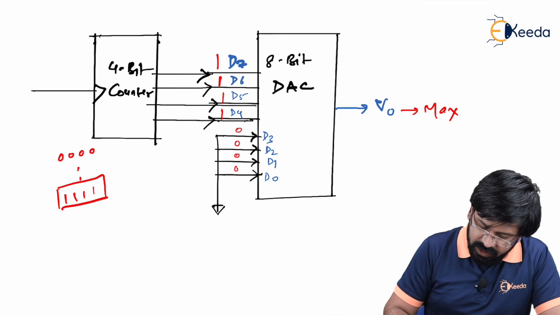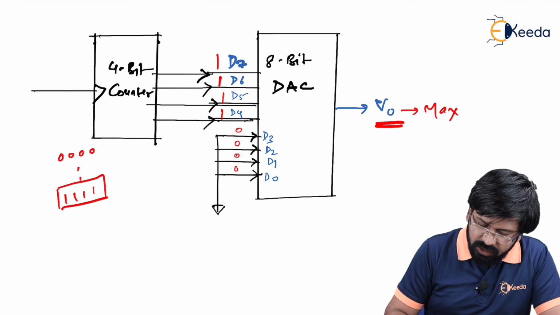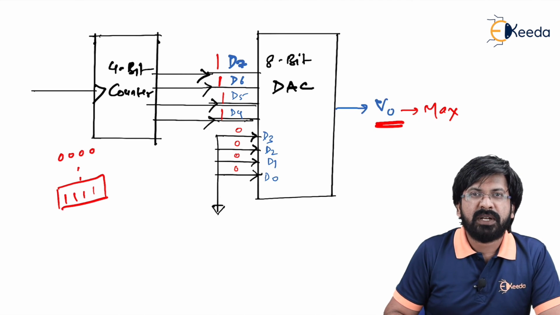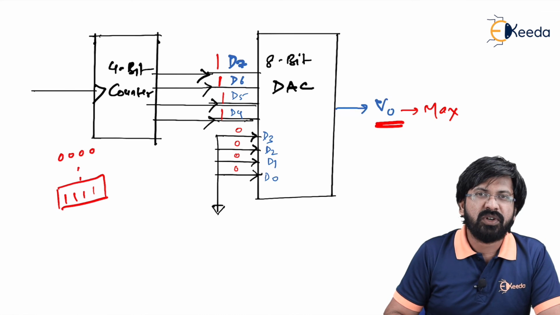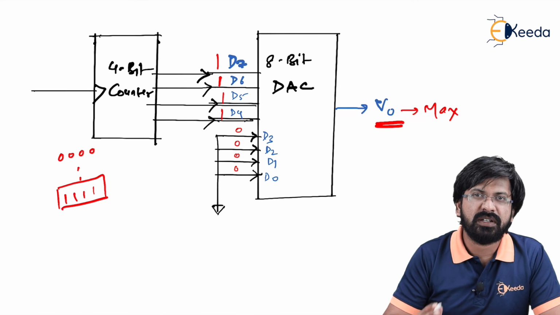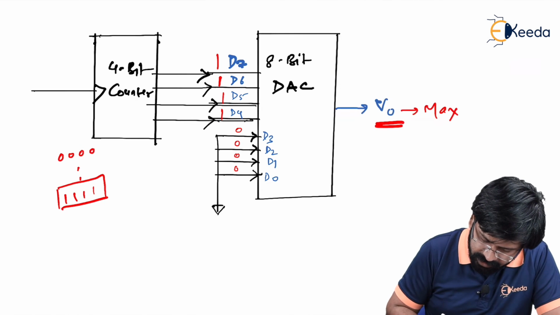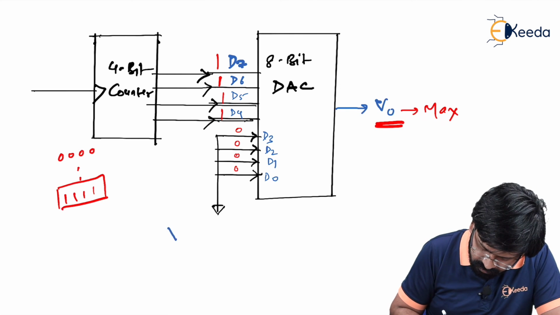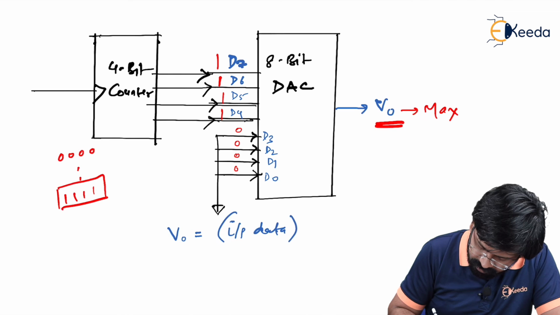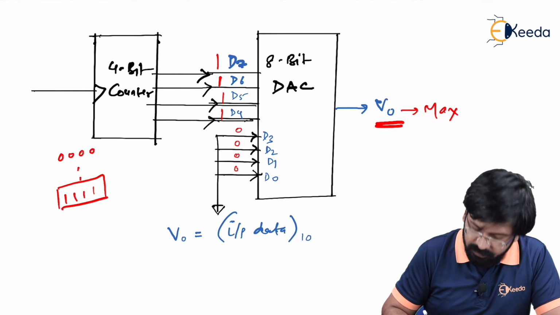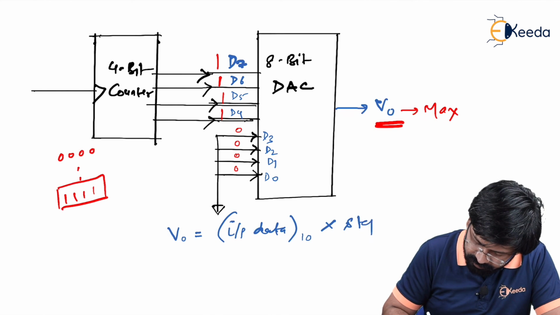So now, if you want to get maximum output, then we will write the relation between output and input of DAC. I'm sure you must have seen the previous lecture where I have told you what is the output and input relation of DAC. So let me remind you that equation. Output voltage V0 is always input data to the base 10, that is decimal value, multiplied by step size.